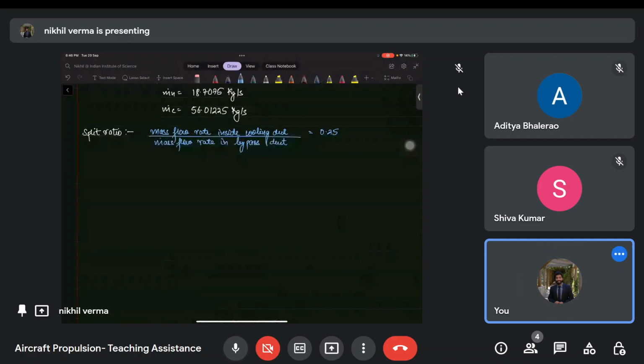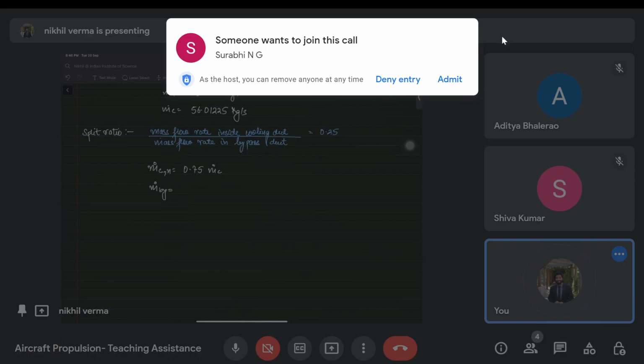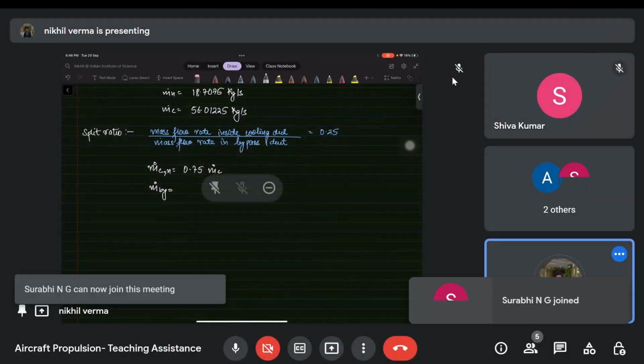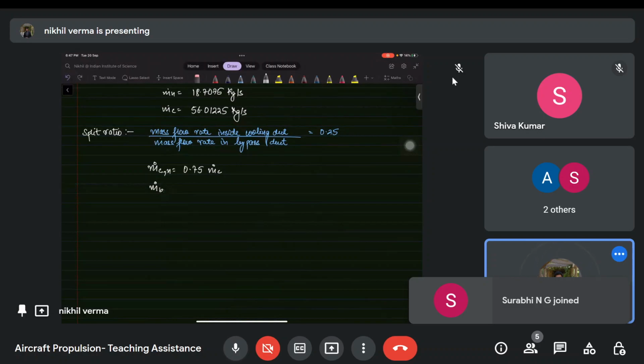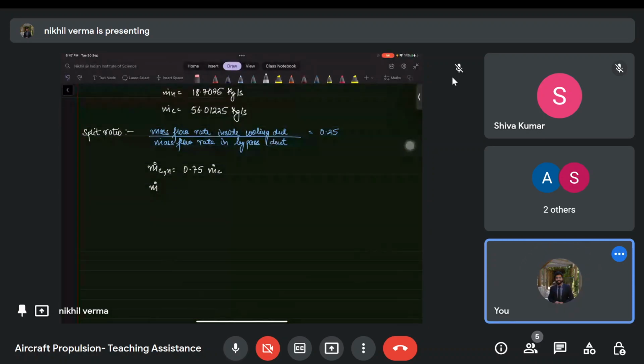Now the mass flow rate through the cold nozzle will be 0.75 times the mass flow rate of the cold stream, and the mass flow rate through the bypass duct, the cooling duct, will be 0.25 times the mass flow rate of the cold stream.